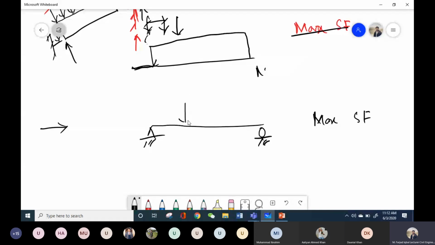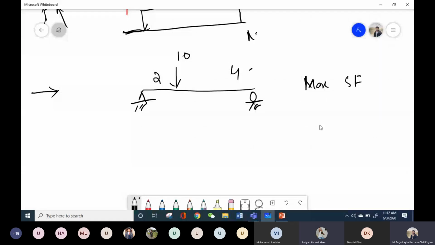Let's suppose my load is at this point. This is 1, for example, and this distance is 2, and this distance is 4. And what will be this reaction in this case? What will be the reaction? 0.75.